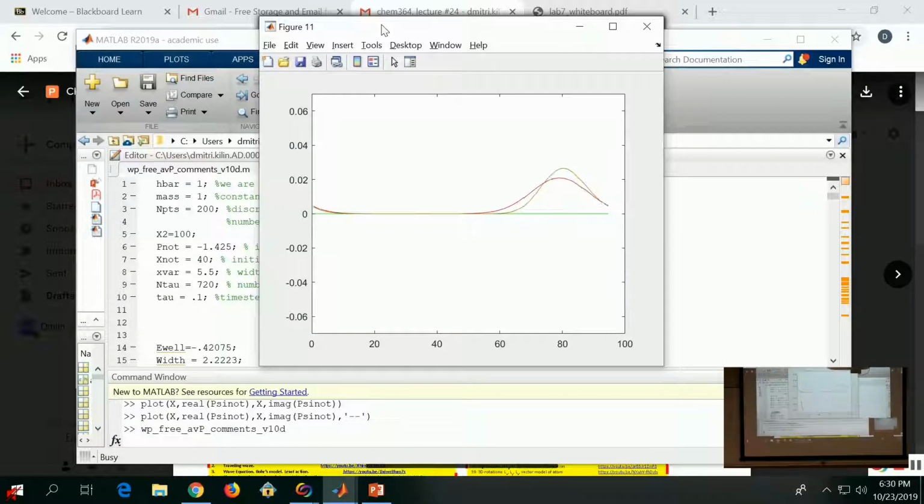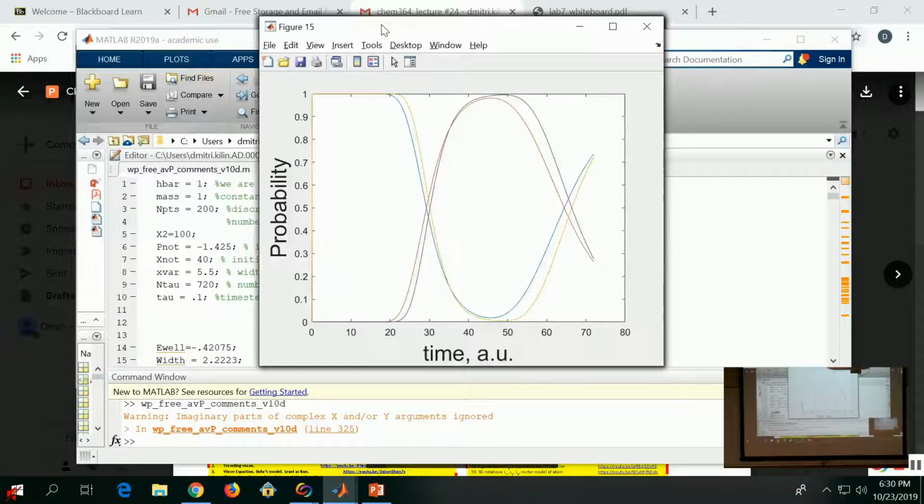You already answered this. So this little plane wave is added to initial wave function to provide momentum at time 0. And you agree that changing the value of P naught will make it move quicker or slower.